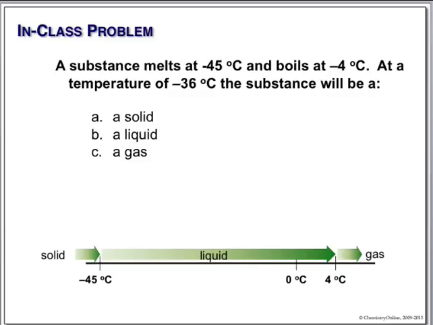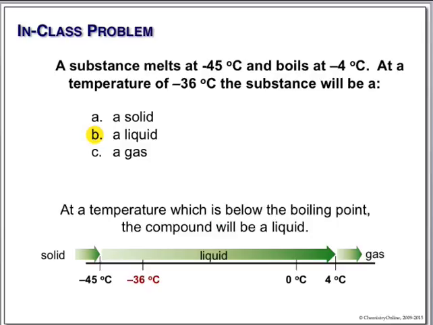It boils at, well, that's supposed to be minus 4, I'm sorry. And we're at minus 36. Well, that's simple. We're down here, below 0, so we have to be in the liquid area. Any questions? Very, very simple.